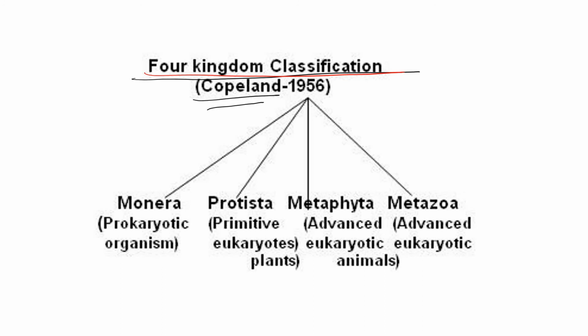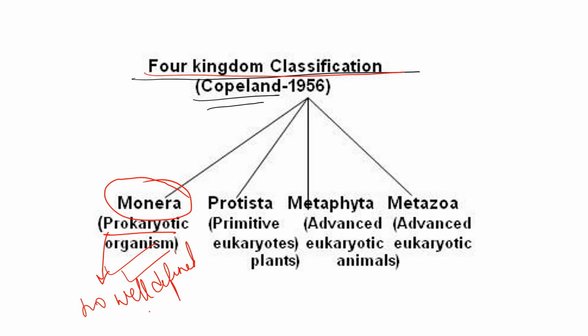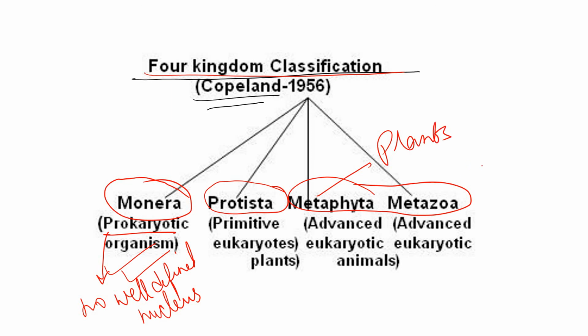Then he thought, okay, let me make another classification, which is the Monera. These are completely prokaryotic organisms, that means no well defined nucleus. The nucleus is not well defined. Okay, so Copeland gave the classification as Monera, and obviously Protista was given by Ernst Haeckel and these two were given by Carl Linnaeus. Metaphyta means plants, and Metazoa means animals.